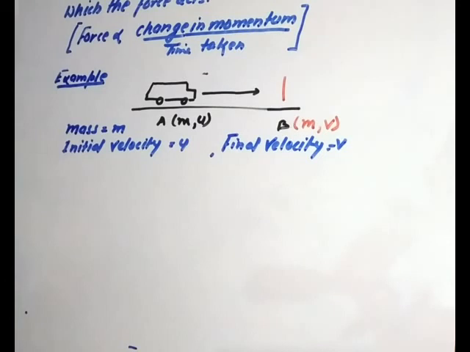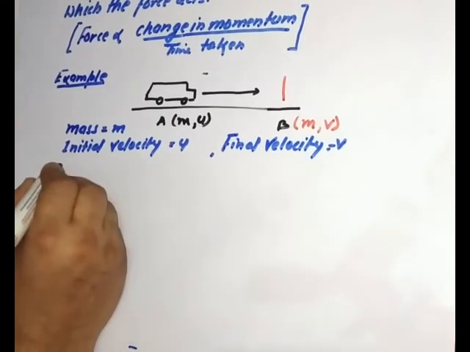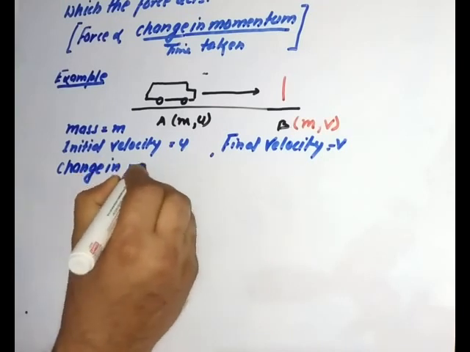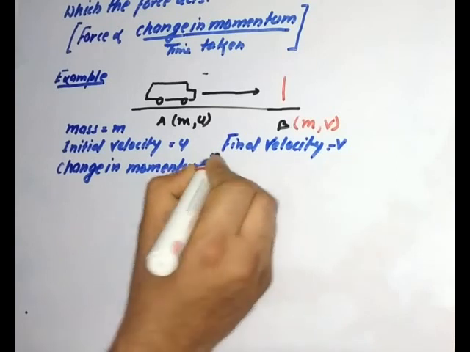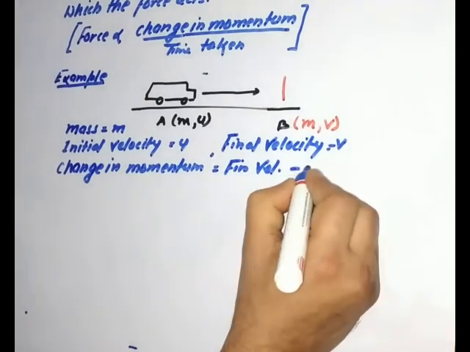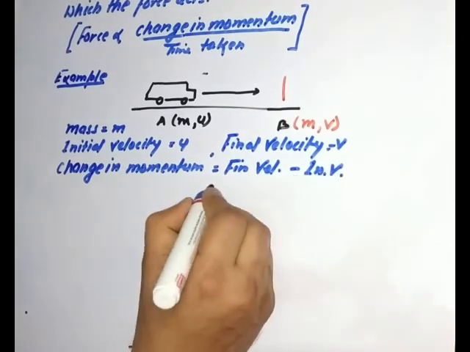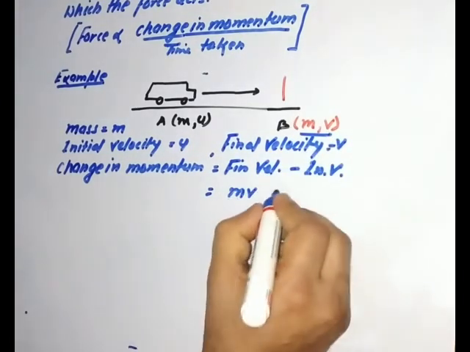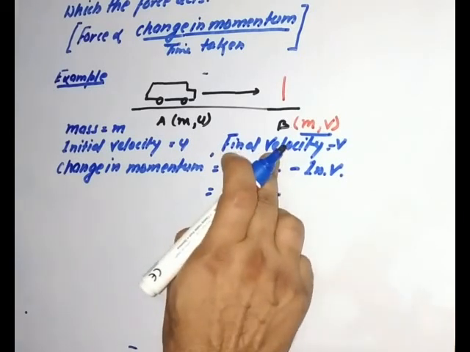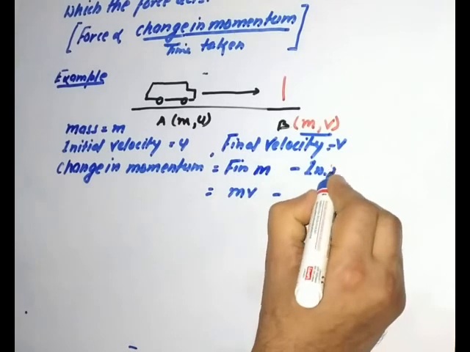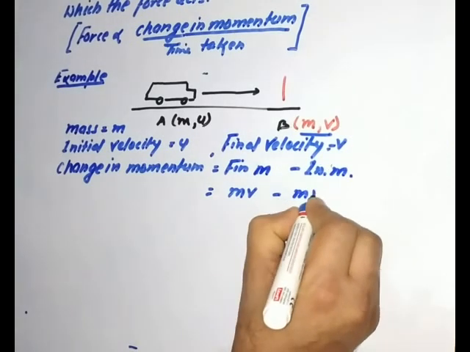Change in momentum is final momentum subtracted by initial momentum. The final momentum of the bus is mv, and the initial momentum is mu.